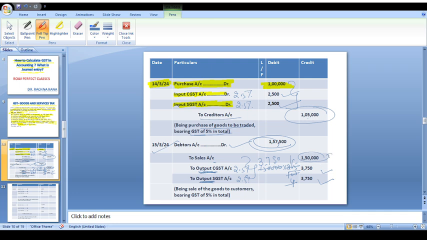When we add all these values, we get the Debtors account debit value of 1,57,500. Debtors means customers to whom the seller sells the goods. These two entries are passed: the first entry related to purchase and the second entry related to sale with GST.